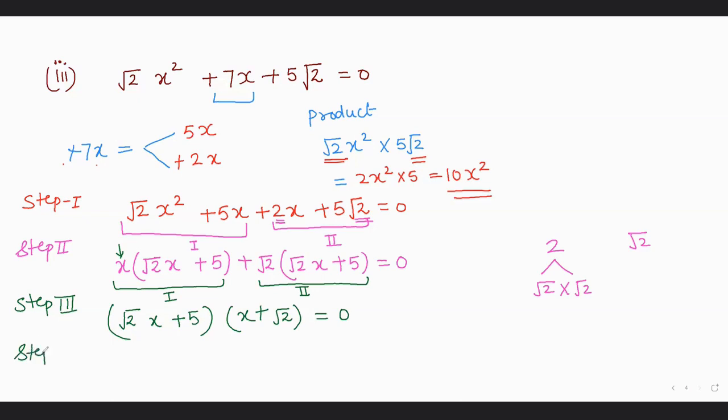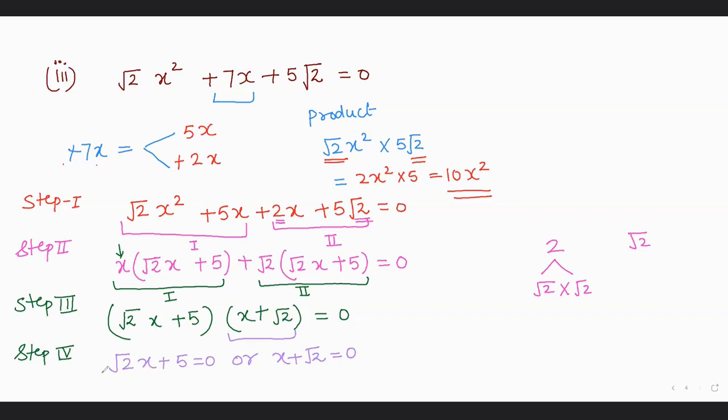Now student, in step 4, we can equate both factors to 0. It means we have this factor equal to 0, or the second factor equal to 0.